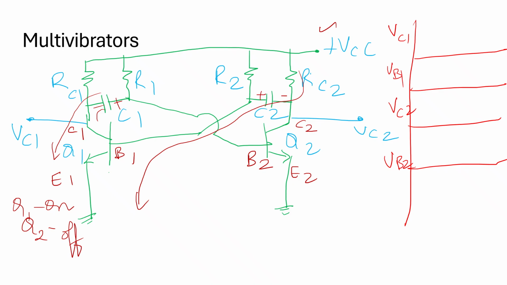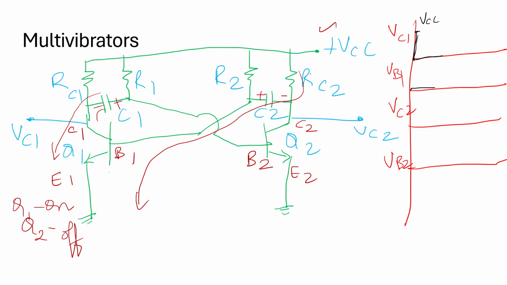As said, when Q1 is on, the capacitor C1 is discharging. Initially, the capacitor voltage was at maximum, plus VCC. It is discharging, and this is the waveform across it. VB2 is very minimum because it is an on condition.